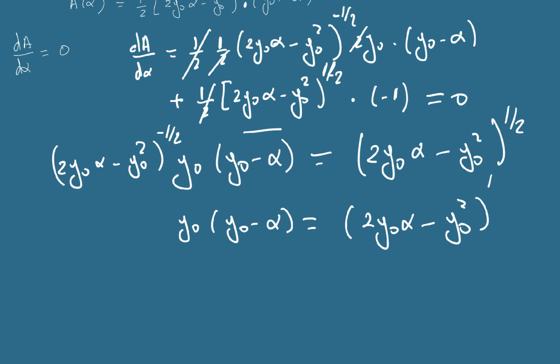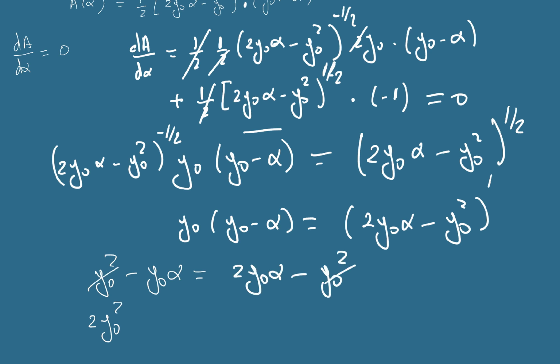Okay. So now let's manipulate this equation algebraically. We should find the solution. y0 squared minus y0 alpha equals 2y0 alpha minus y0 squared. So this will be 2y0 squared, this with this.